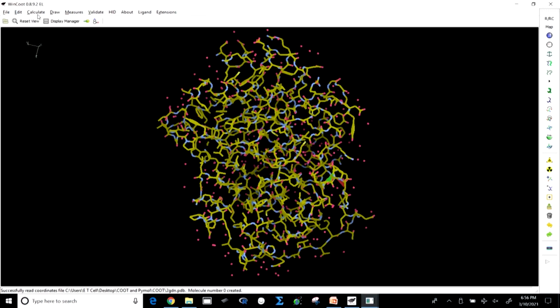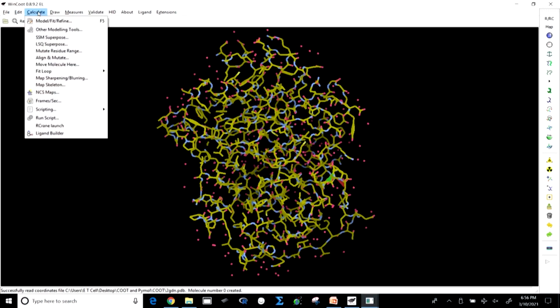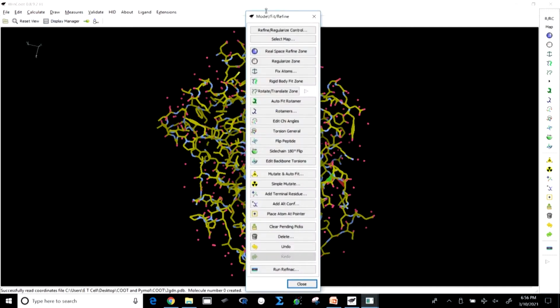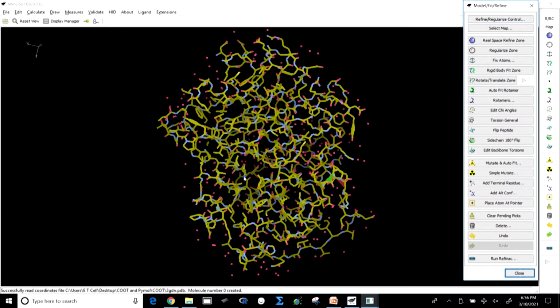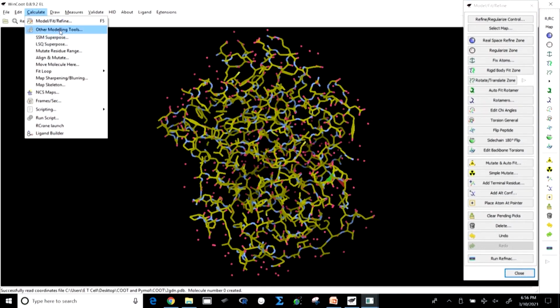Okay. Then there is calculate. You could calculate a lot of things. You could model, fit, refine, which is working with the model. This is one of our good handy tools, but then there are other modeling tools. You have SSM, LSQ, they are alignment ones. We will use them.